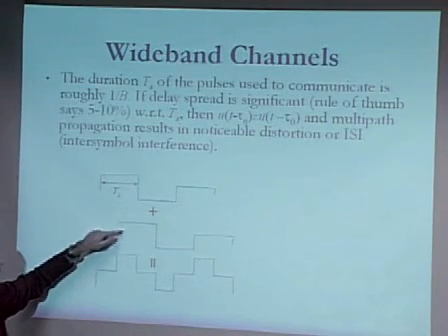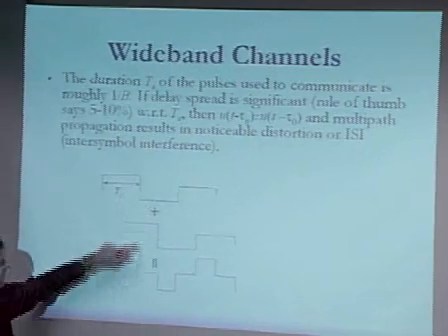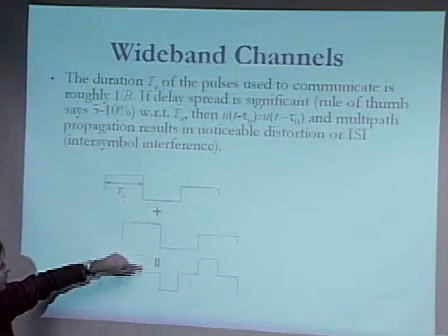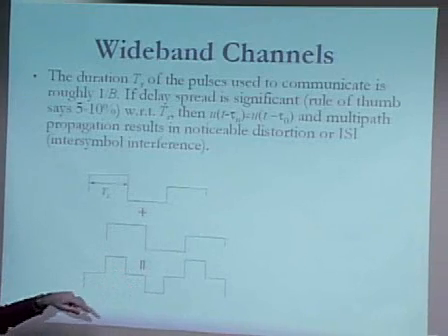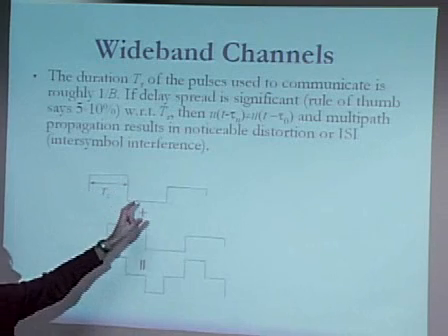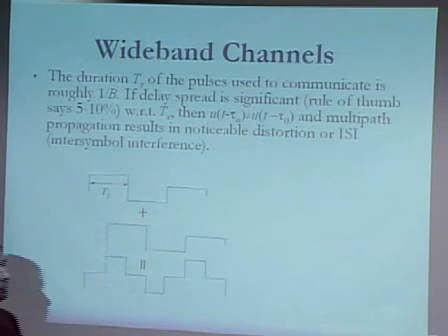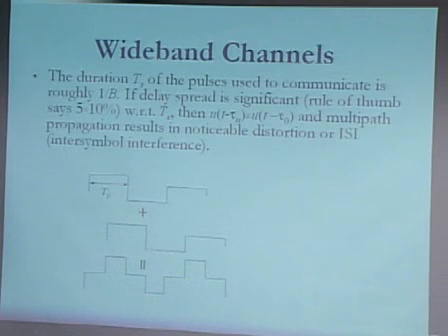The delayed component overlaps partially with the neighboring symbol, and these two are distorting each other, and we get some reshaped waveform. These delays cause consecutive symbols to interfere with one another, and that's why this is called intersymbol interference, or ISI. That's the main premise of a wideband channel. It results in intersymbol interference.